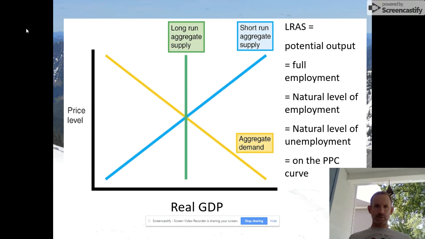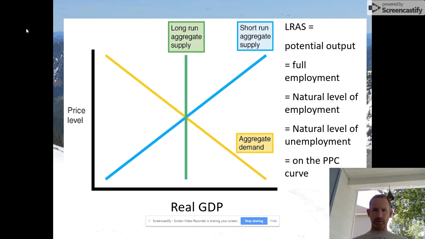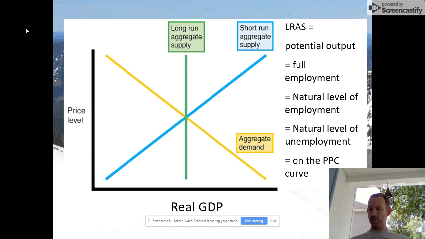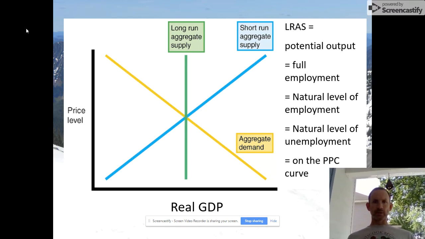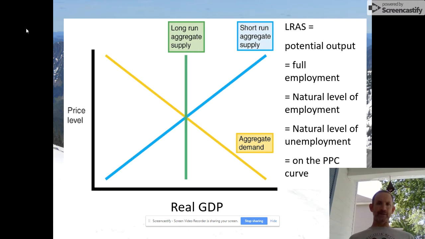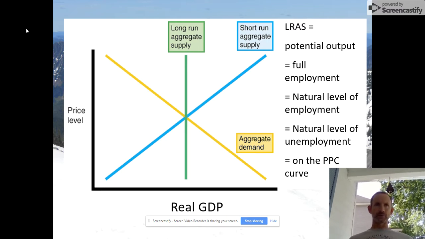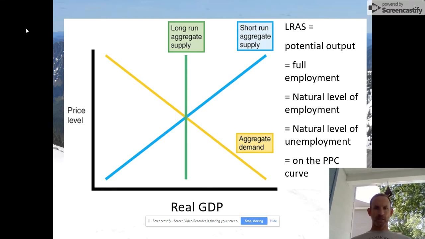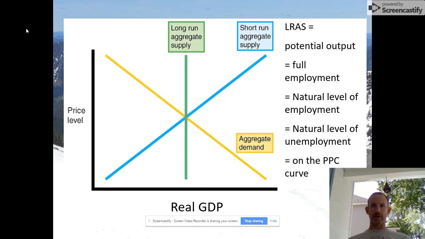Okay, so this is showing you our basic model of aggregate demand, short run and long run aggregate supply. The first thing to understand here is that long run aggregate supply is that vertical green line in the middle. It's vertical because it is fixed at a certain level of real GDP, and that level of real GDP is what's called the potential output of the economy.